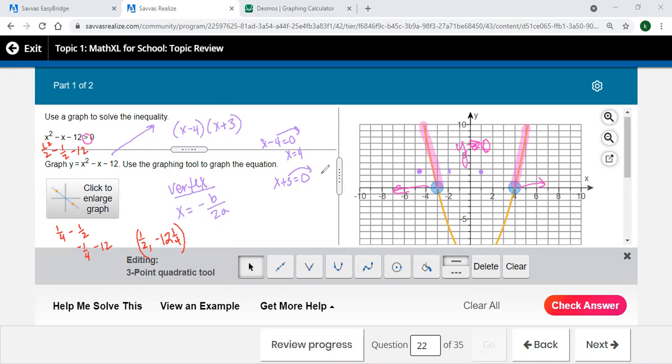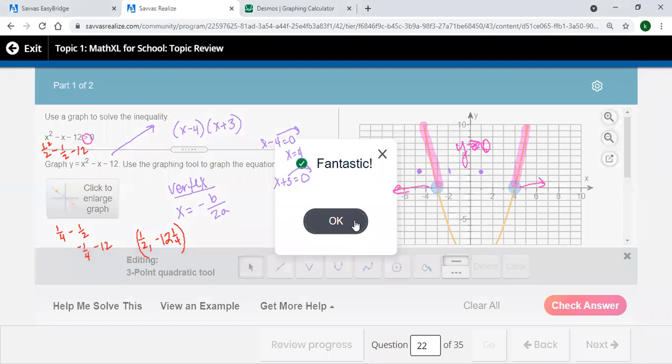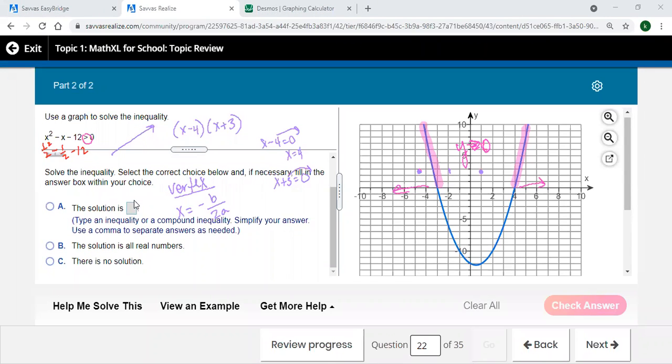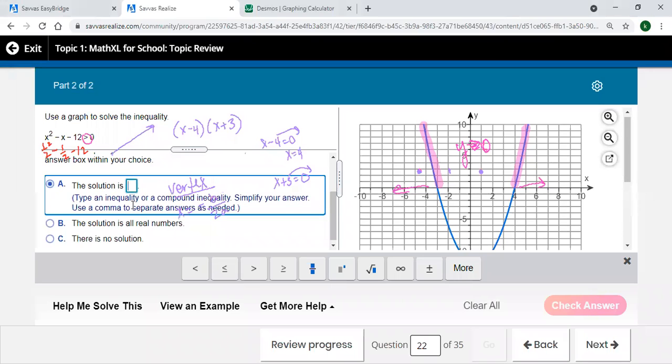All right, so we're at the point where I was supposed to check my graph. Graph's good, and now we have to put in, let me erase some of this stuff off where we need to put our next answer. All right, so the solution is, and if it's a compound inequality, simplify the answer, compound is separated as needed.